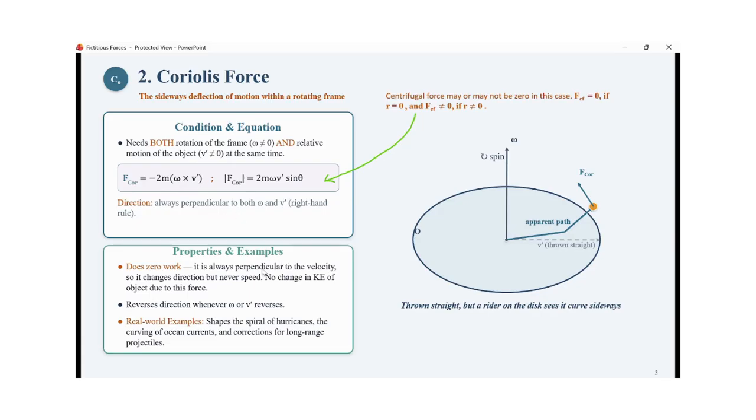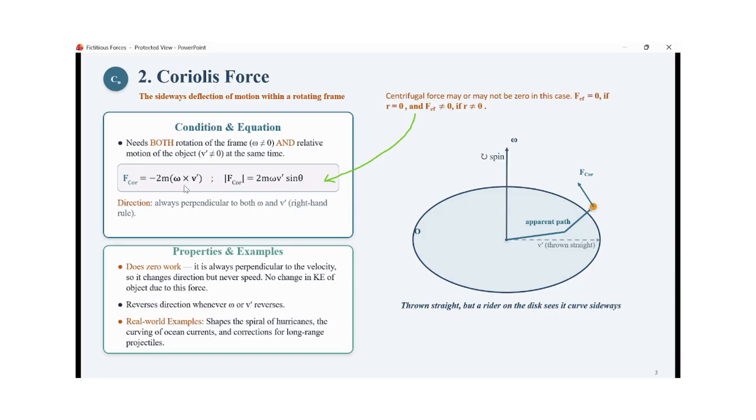Now key properties of this Coriolis force: it is perpendicular to the velocity, so it will not make any change in the kinetic energy of the object, and it will only change the direction, it is not changing the speed of the object. So there will be no work done by this Coriolis force, so work done by this Coriolis force is always 0.